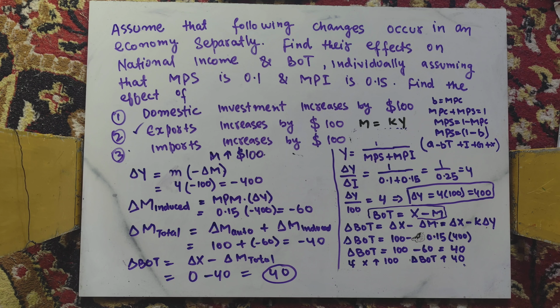That means balance of trade will worsen here because exports have not changed at all, and imports have increased by a net $40 million. That means we have balance of trade deficit of $40 million.